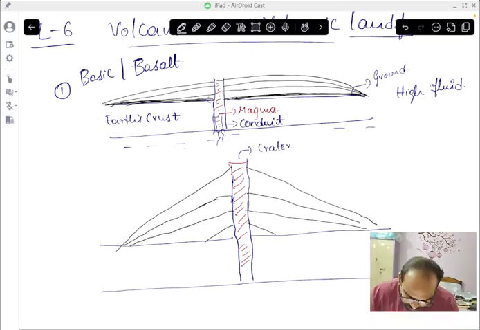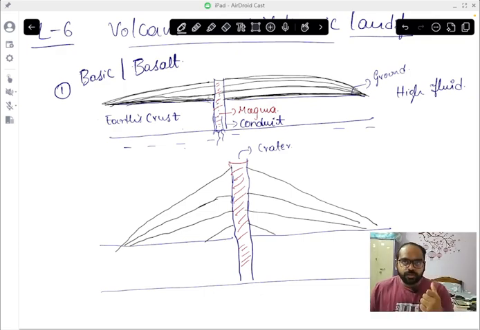Another layer forms above it, and with gradual solidification and travel over long distances, the lava forms a shield-shaped structure. Warriors hold shields, right? It can also be called a dome-shaped structure.